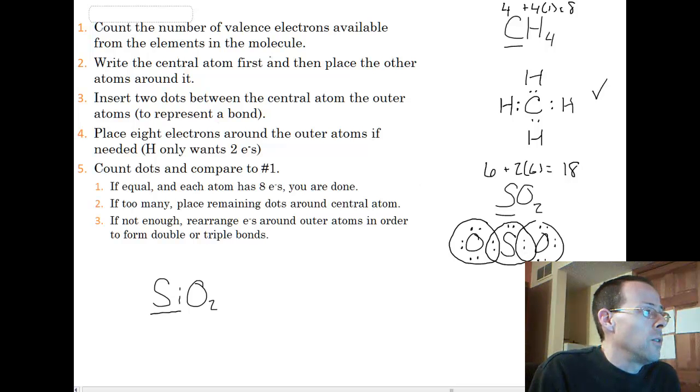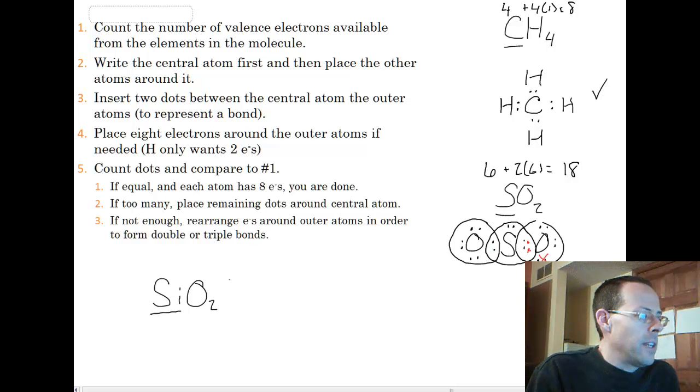So I'm going to, just with some red ink, cross out these at the bottom, and I'm going to put them right here. So now we still have 18 dots because I erased the ones on the bottom, and I just moved them so that O and S are not sharing 2 electrons, but they're now sharing 4 electrons. So now everybody has 8. We've used 18 dots, and this is what SO2 would look like.